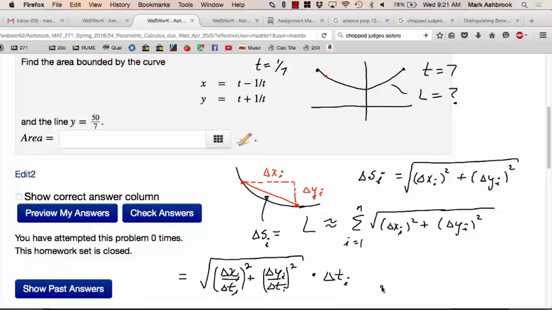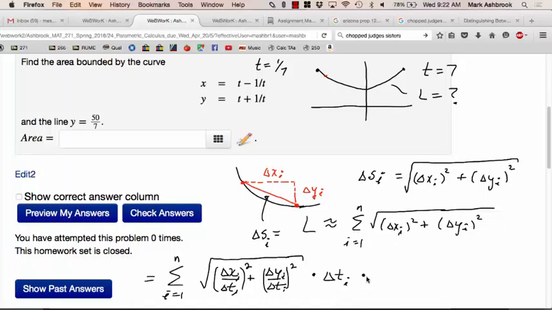So now this expression, the sum, is equal to what I had before. This whole thing is equal to this whole thing. I just multiplied and divided by delta t i, so it preserves the value. But then that dividing by delta t i was squared under the square root.